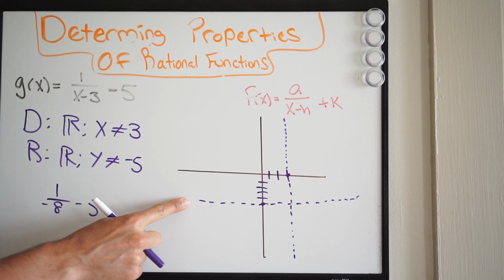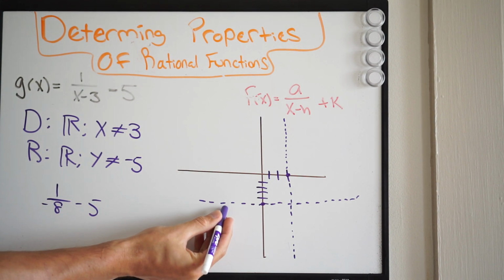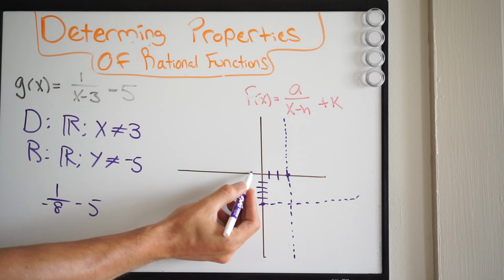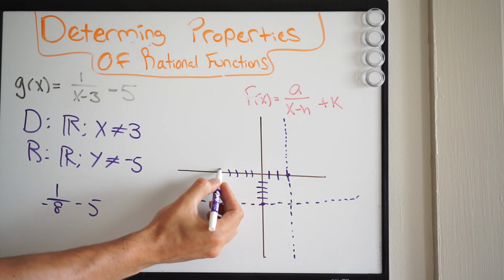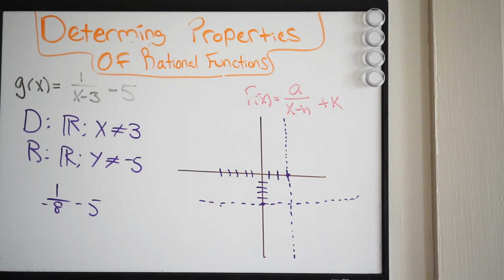Remember, our horizontal asymptote is occurring at negative 5, and that point is right below it. So knowing that, if we go over negative 5, so 1, 2, 3, 4, 5, and then we're down here somewhere, right below this negative 5, we already know this side of the graph, because we have our asymptotes drawn in here.